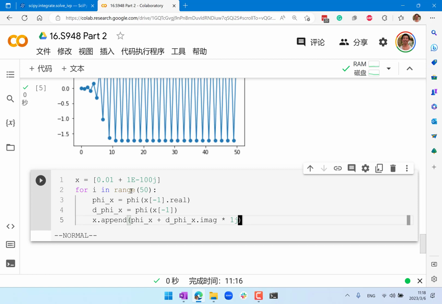So why am I doing this? The reason I'm doing this is I want to make sure that the real component is exactly the same as before. I don't want my perturbation in the real component to corrupt my imaginary component.